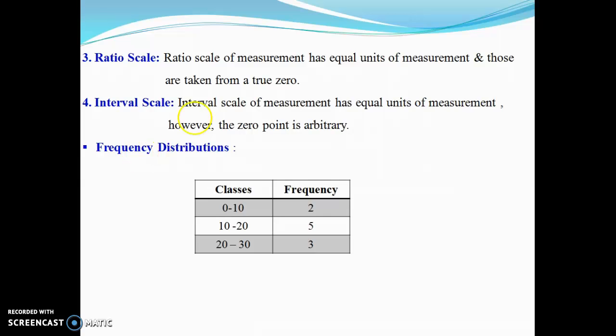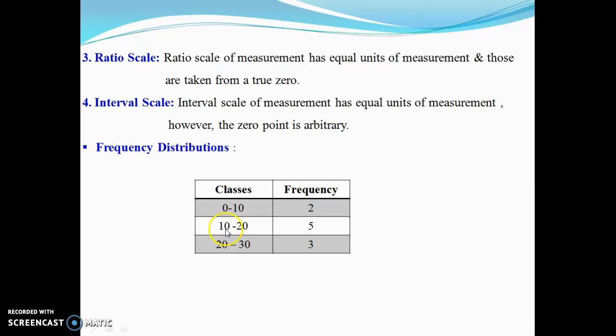For example, these are the classes and then the corresponding frequencies. In these classes, this is continuous data: 0 to 10, the marks, number of students is 2. This is called the frequency.